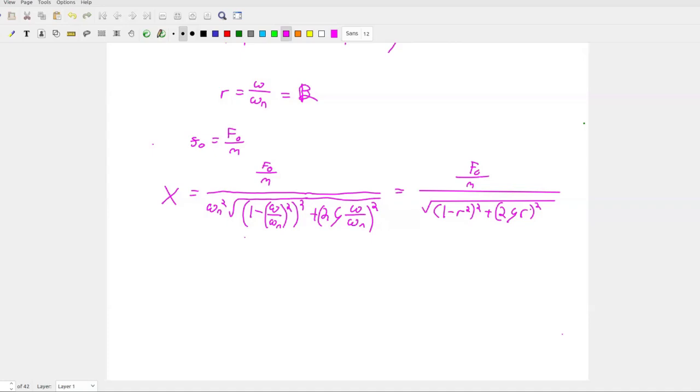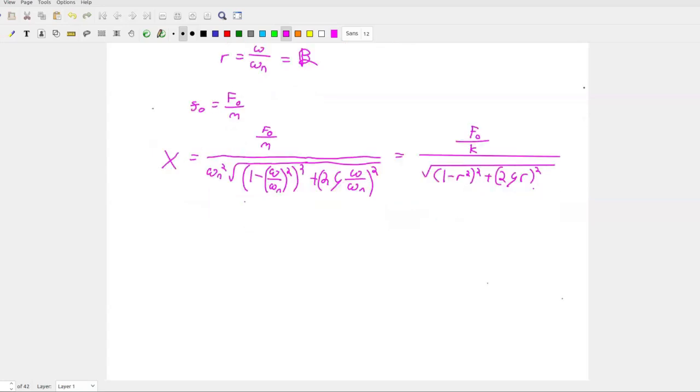Oh, it gets split and half of it becomes F naught over k. Thank you. That's where that goes. Good catch. Yes, F naught over k is pretty important to this.